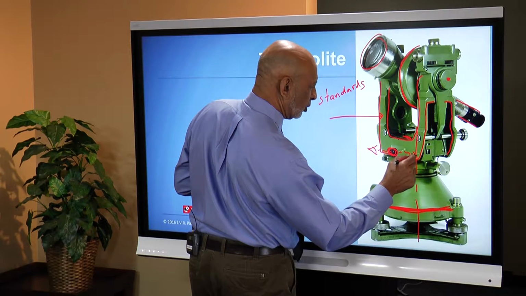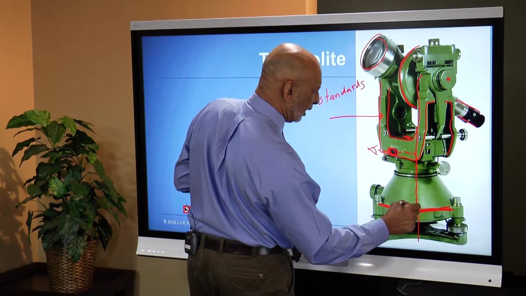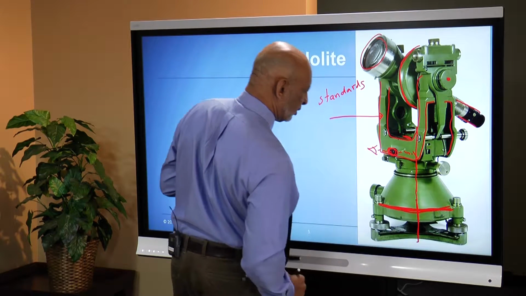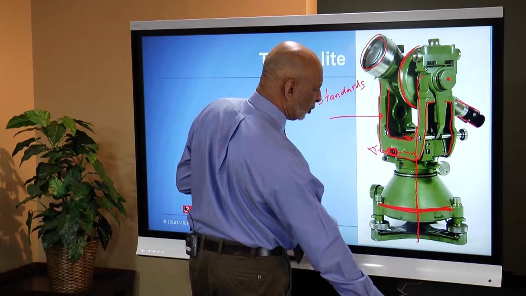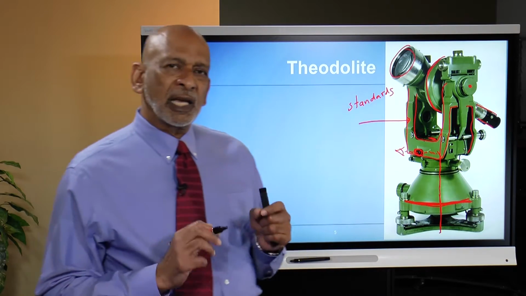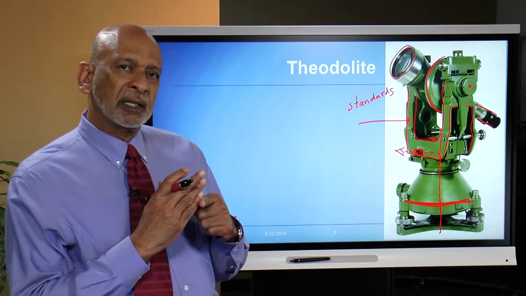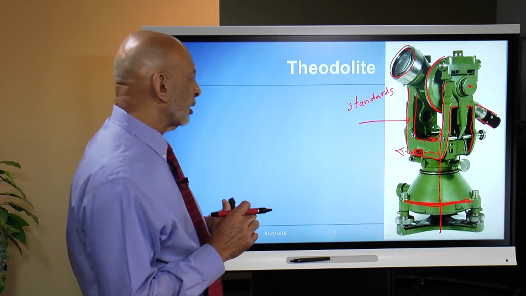So your line of sight goes to the prism and then comes straight down the mechanical vertical axis. It's actually hollow, and this telescope allows you to observe the ground so that you can use it and the reticle built into the telescope to center the instrument directly over a point.